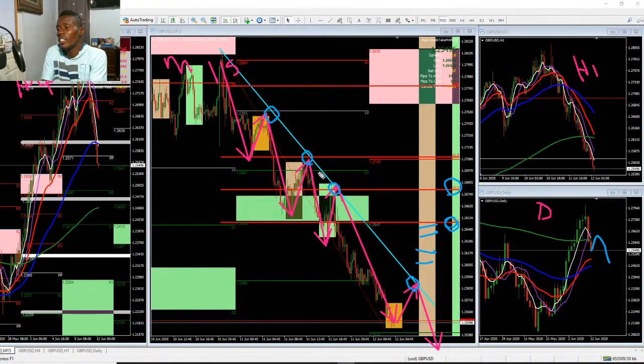So I'm going to give you the next example, about the risk on scenario now. The risk on scenario is this: you're willing to take the risk. Just like when the Fed gives you the assurance that it will not let the economy go down and will do whatever it takes.